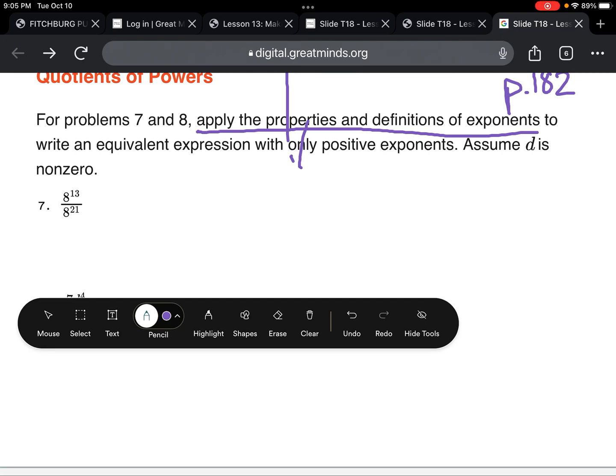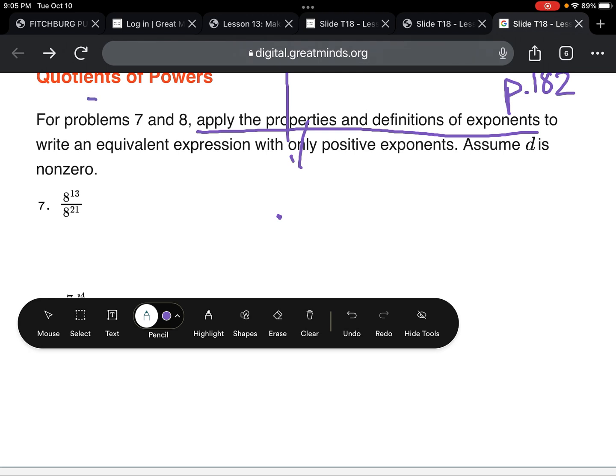Oh gosh, now things are really being wacky. So in your Edpuzzle, it probably talked about division of exponents essentially being subtraction.